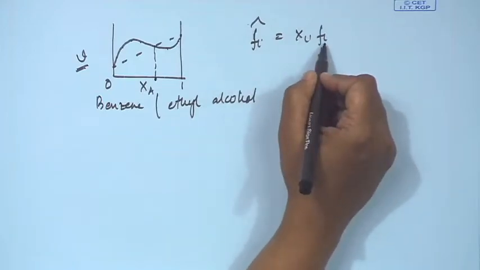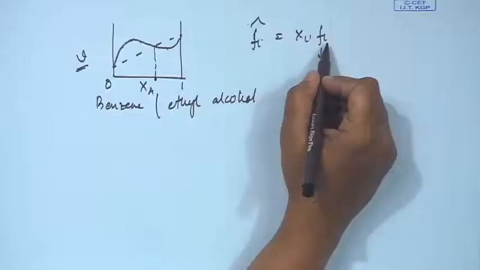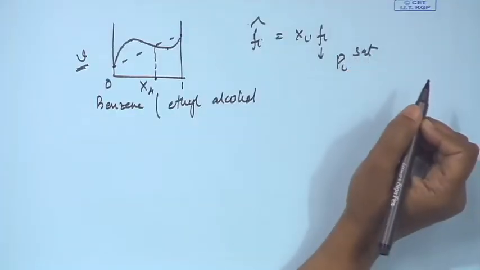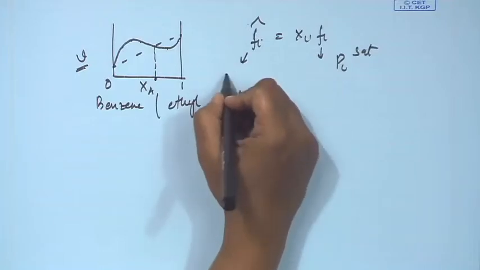Fi is the fugacity of pure component i at the temperature and pressure of the mixture. Suppose I am dealing with a liquid solution, then for low to moderate pressure, the Poynting correction factor is 0, and the correction factor due to the non-idealities of the gas phase is also 0. So, therefore, Fi reduces to Pi saturated.